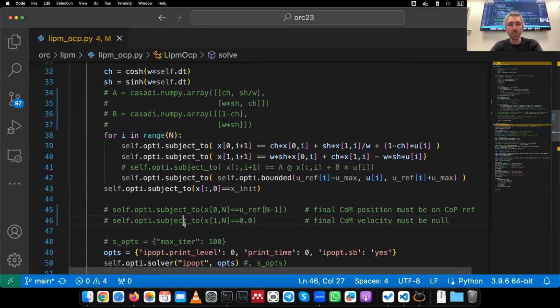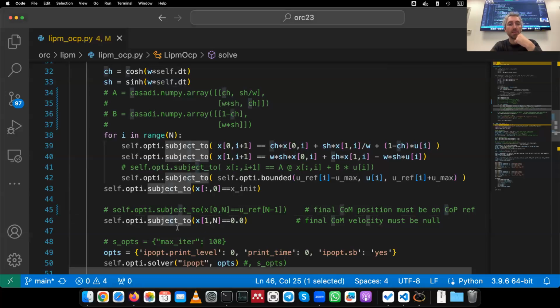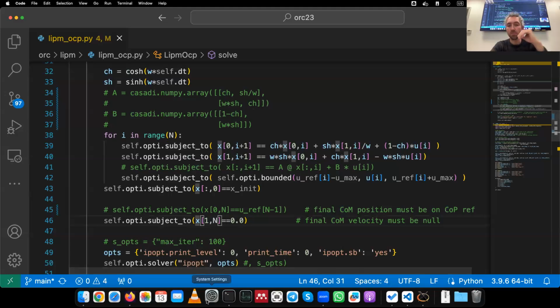So if we go here, a first thing that we could ask is simply to have the terminal velocity be 0. That would be already a good starting point. So we can try just to add this constraint and see what we get.